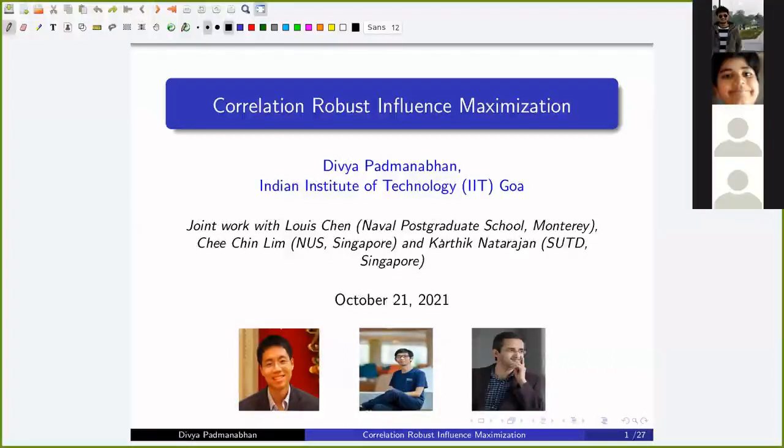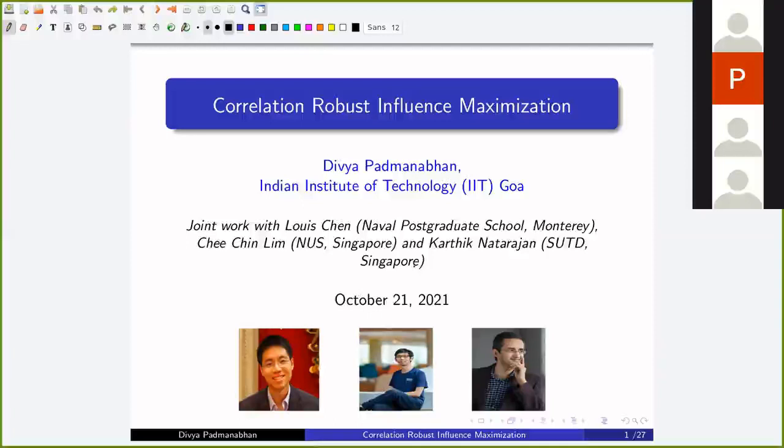We started this about 2 years back, when all of us were in Singapore. I was a postdoc at SUTD with Karthik Natarajan, who was my advisor, and Louis had come down to visit for about 3 months. Chi Chen was an undergrad student at SUTD at that point of time. That's when we started, and then gradually we developed this whole work.